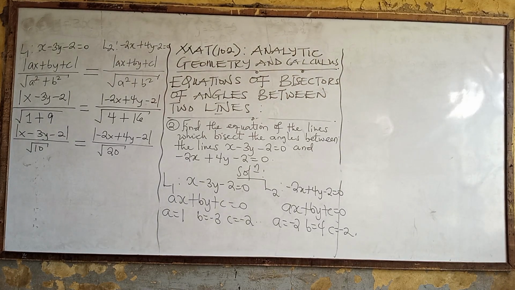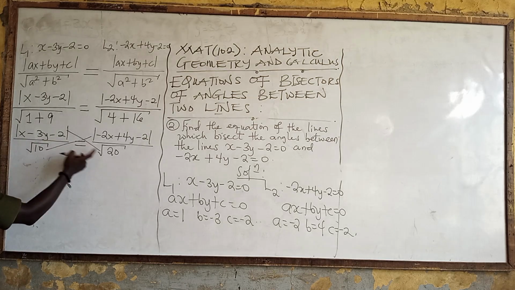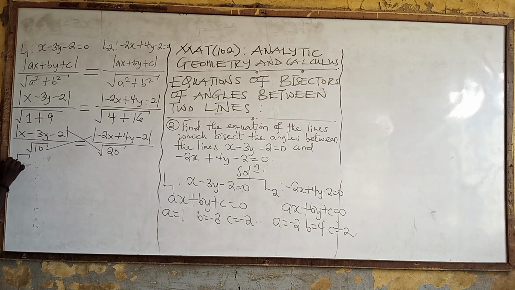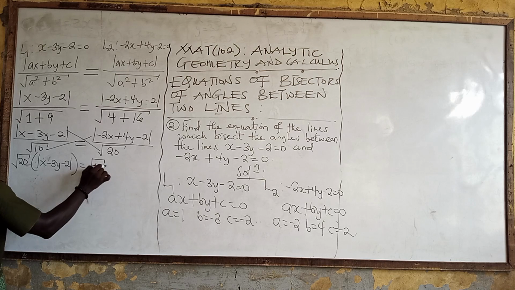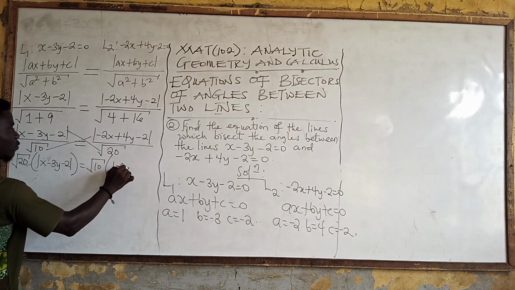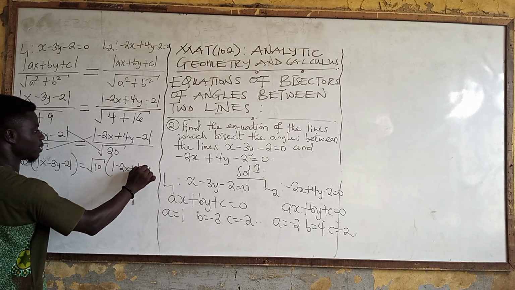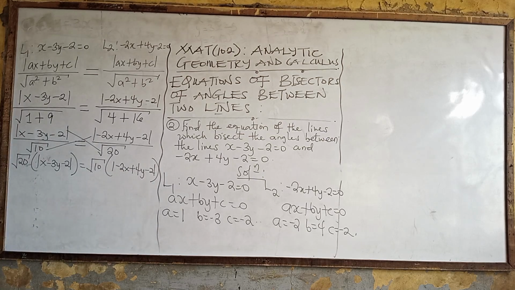So by cross multiplication, we get this guy multiplying by this guy. So square root of 20 multiplying x minus 3y minus 2 must be equal to square root of 10 multiplying negative 2x plus 4y minus 2. We have that.